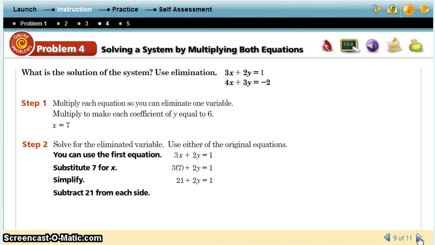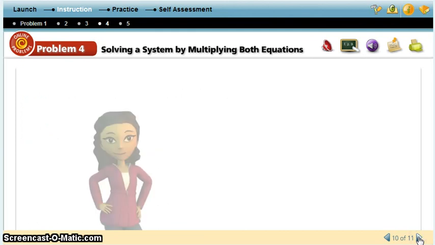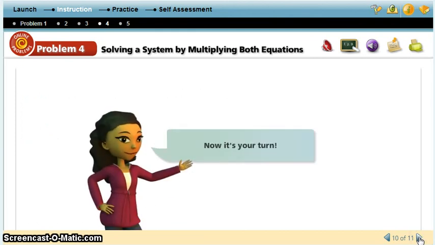Subtract 21 from each side. And divide each side by 2 to solve for y. So y equals negative 10. The solution is the ordered pair 7, negative 10. Now it's your turn.